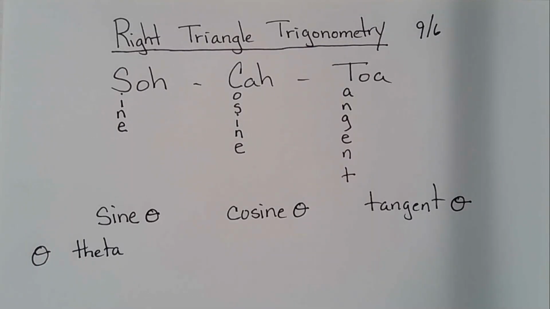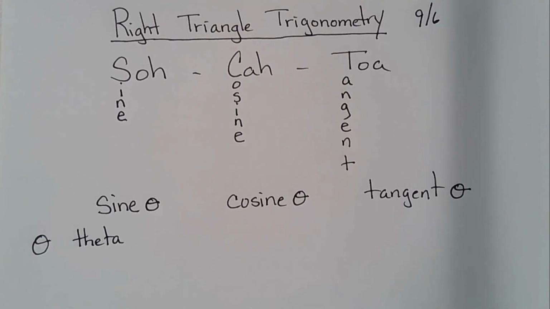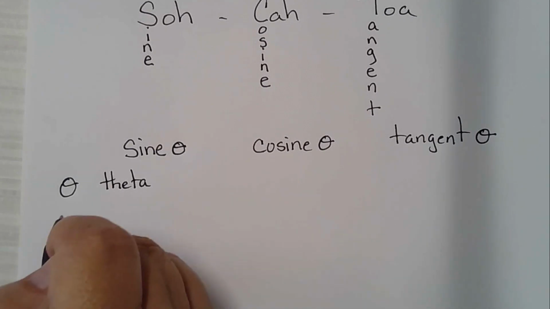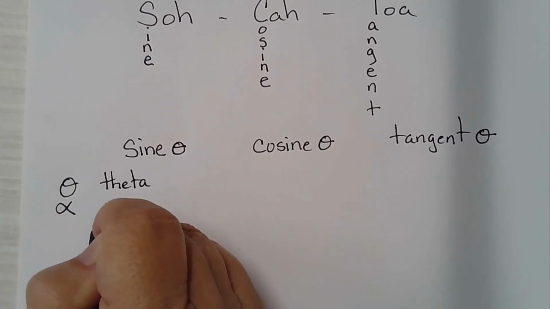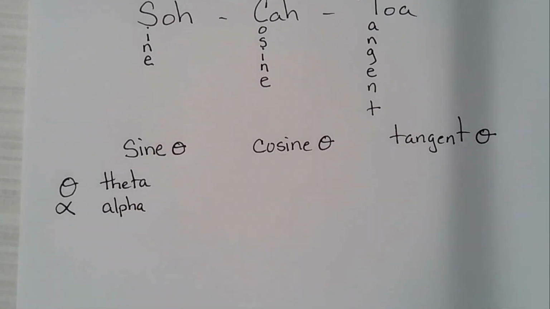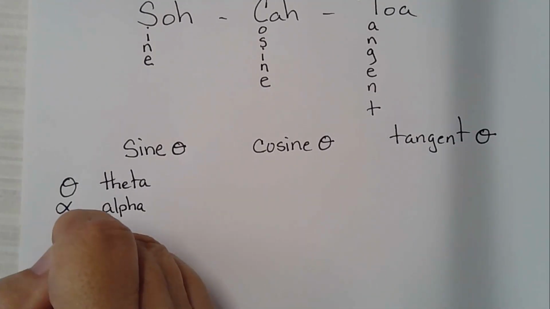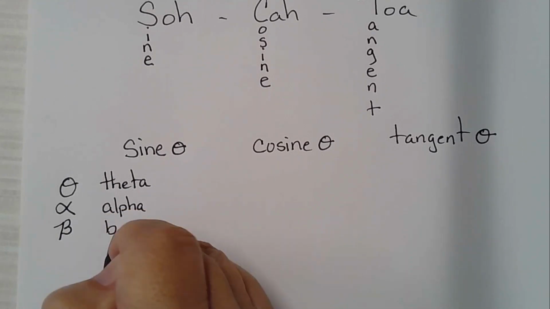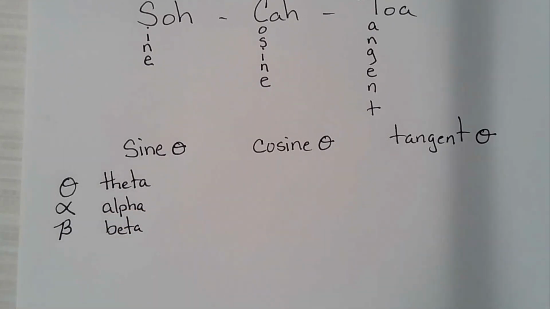Now, there are other ways that we talk about our angles or label our angles, so just a few more that you should be familiar with. This is the symbol alpha. It's the first letter in the Greek alphabet. Sometimes it is used to mark an angle. And beta, which is the second letter in the Greek alphabet, is also used.